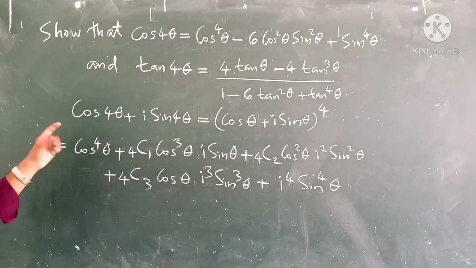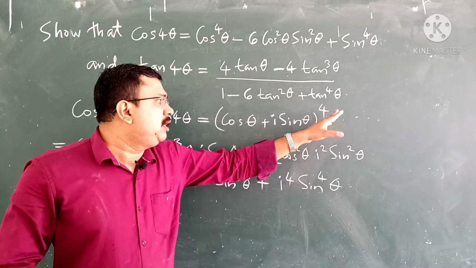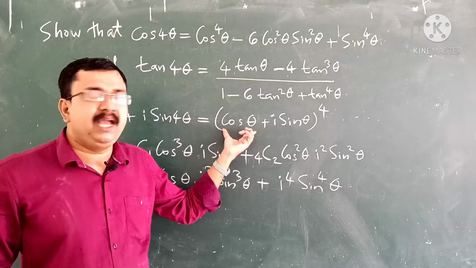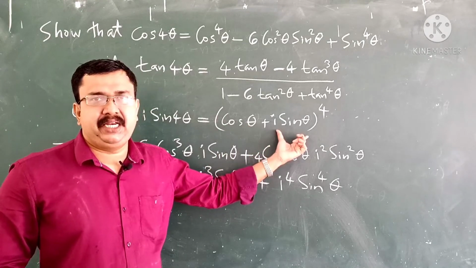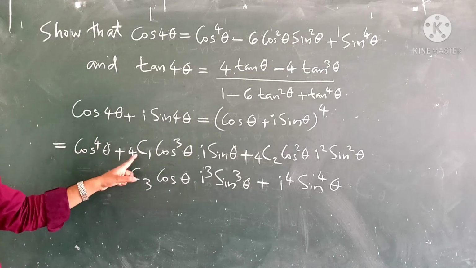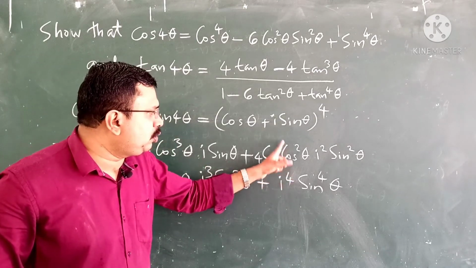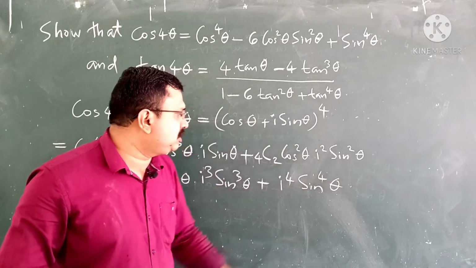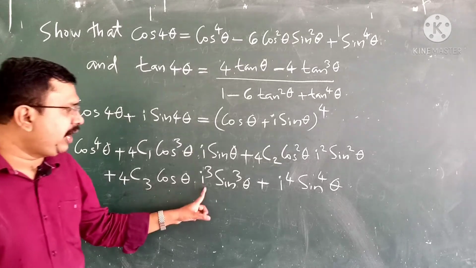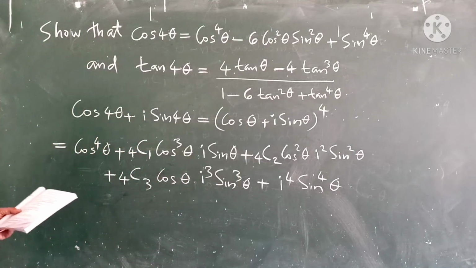Okay, listen. (cos θ plus i sin θ) the whole raised to 4 can be calculated using the binomial theorem. Here the first term is cos θ and the second term is i sin θ. Therefore, this can be written as cos⁴θ plus 4C1 cos³θ into i sin θ plus 4C2 cos²θ into i² sin²θ plus 4C3 cos θ into i³ sin³θ plus i⁴ sin⁴θ.